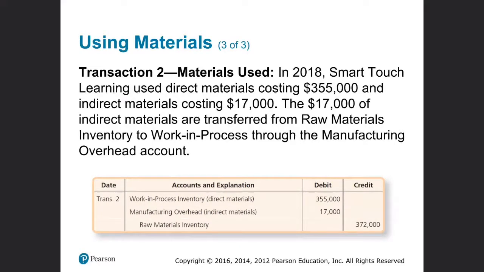So we have debited our work in process inventory, the direct materials, for $355,000. We've also debited our manufacturing overhead, which is the indirect materials, for $17,000. And then we've credited our raw materials inventory account for the total of the two.